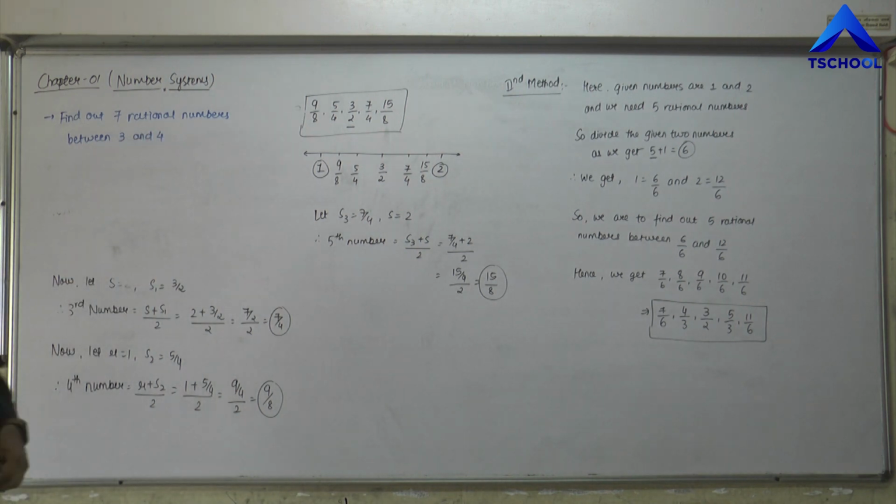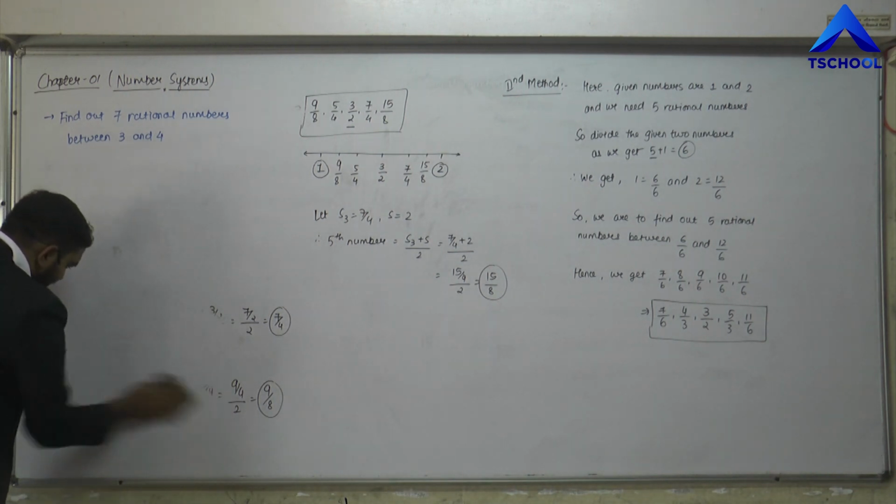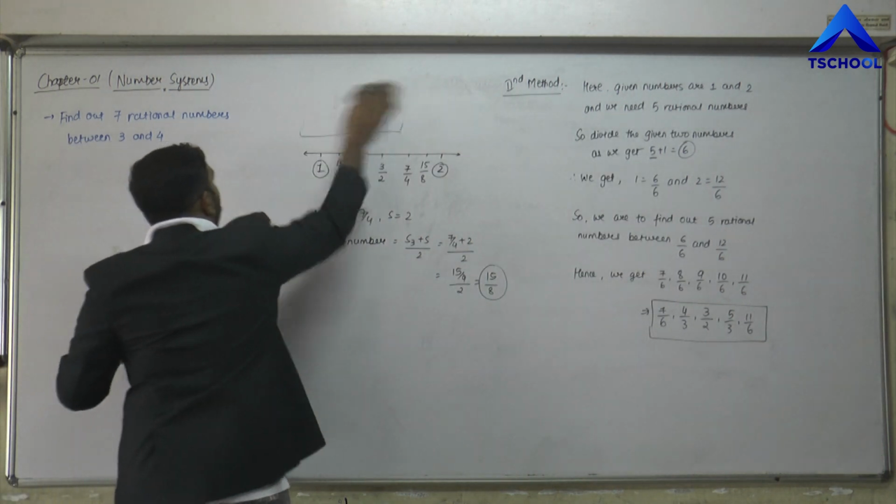So it will be very easy for you to do, finding 7 rational numbers between 3 and 4. Just do it by yourself and then we shall discuss how to do it.